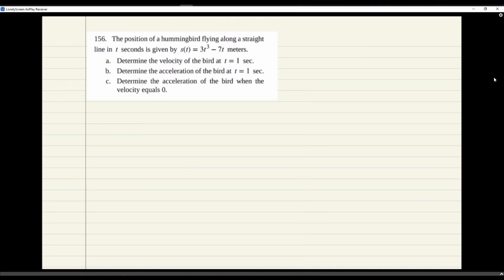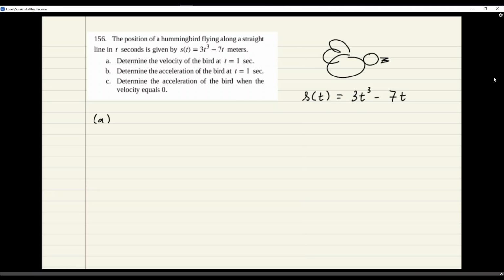So we have a little hummingbird, and it flies in a straight line, and the position function is given as 3t³ minus 7t. In part A, we are asked to find the velocity at time equal 1 second.